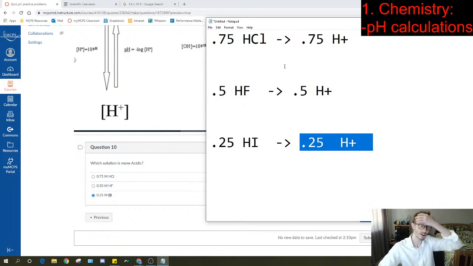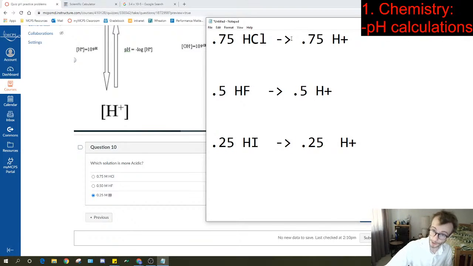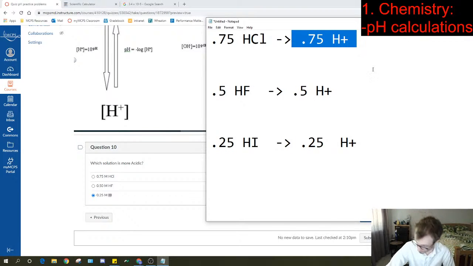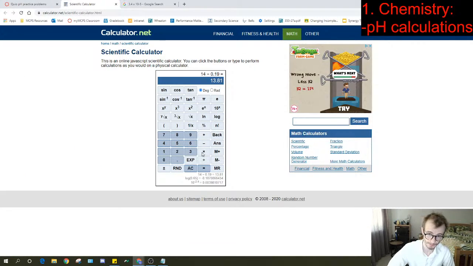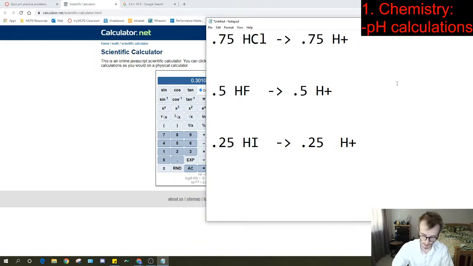Now, I don't actually even need to find my pH, because I know that the bigger the concentration of an acid, the more acidic it is. But just to show you, I'm going to go through and do the calculations quickly. I'm going to take the minus log of 0.5, which gives me a pH of 0.3.